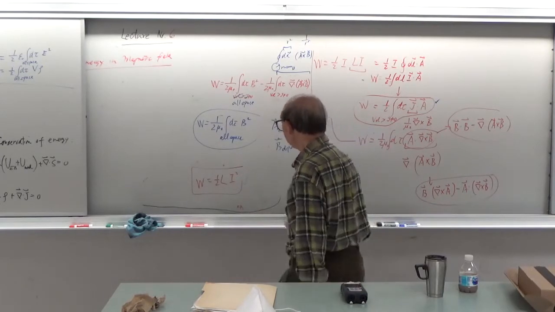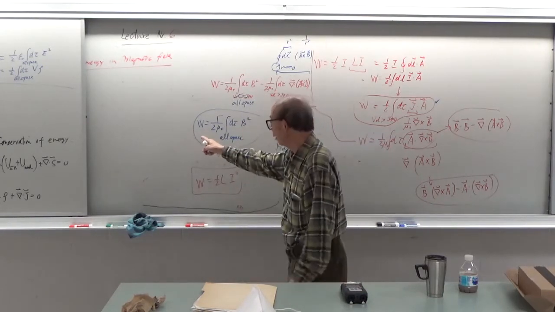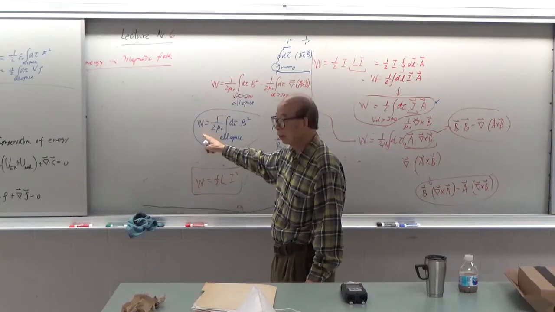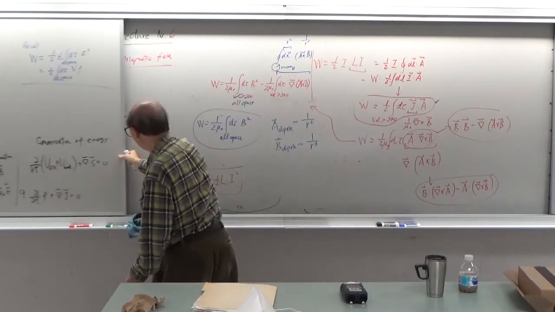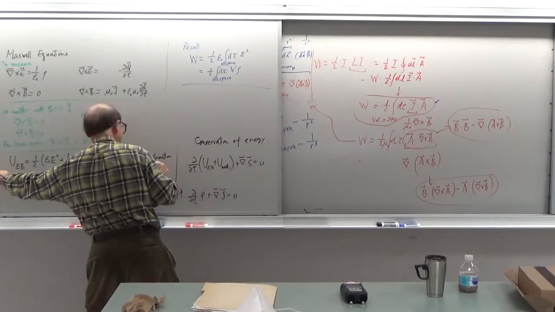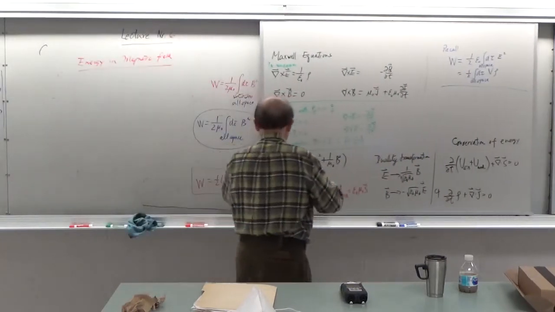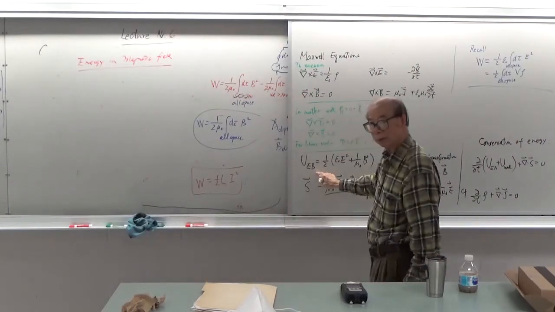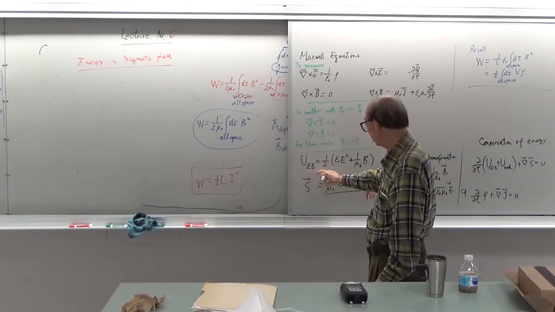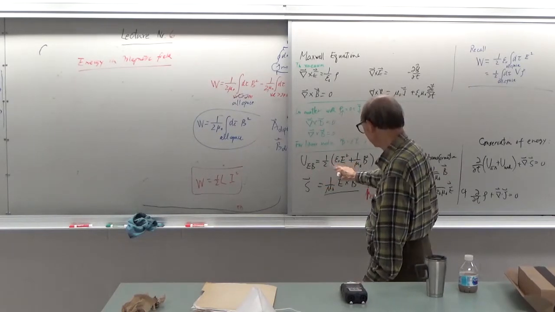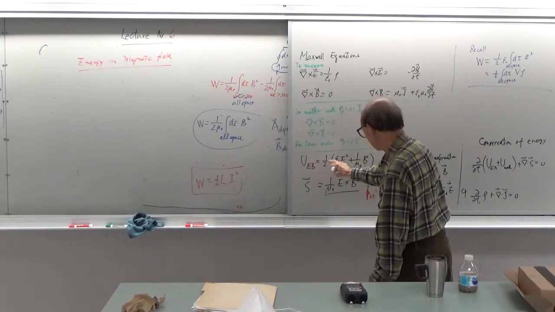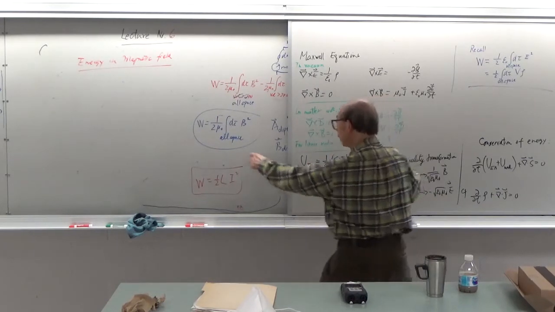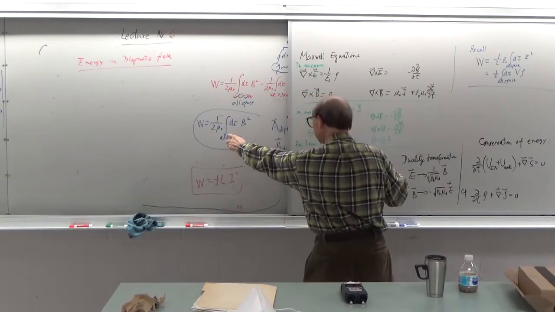Well, this form of the energy for the magnetic field should not come as a surprise at all, because after all, we have found out that the energy density for an electric field E goes as this, and for the magnetic field B the energy density goes as 1/2 mu naught B squared.